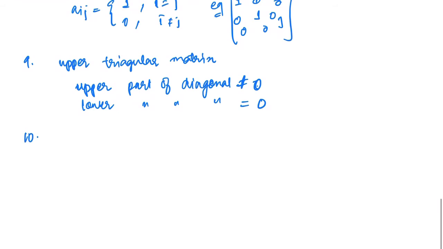That's it. Now we are moving on to the lower triangular matrix, which is just the opposite.